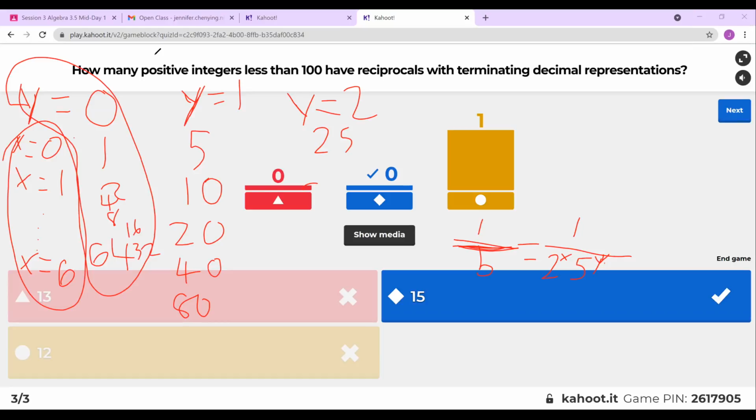Wait, so for multiples of 2 that consist of 7, 3, 9, and other prime numbers, do they all not work? Except for 5. Sorry, can you please repeat?